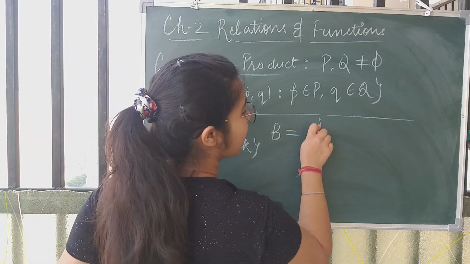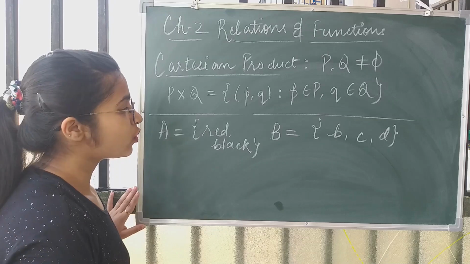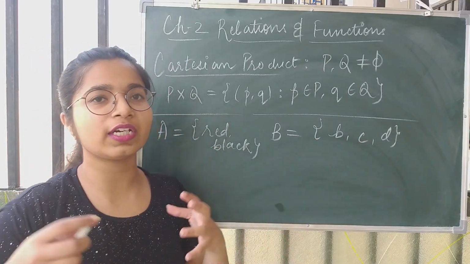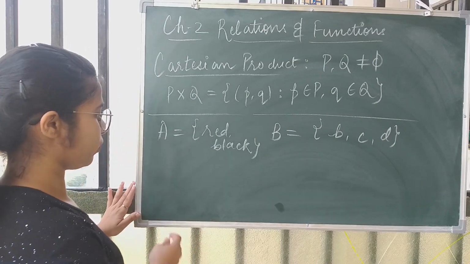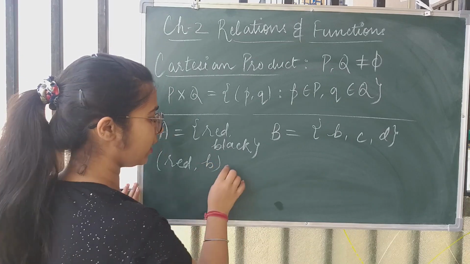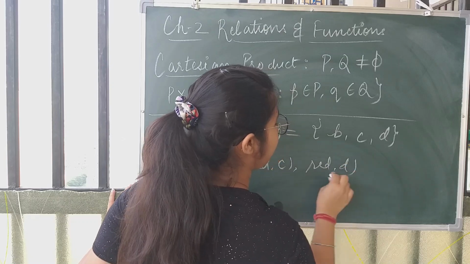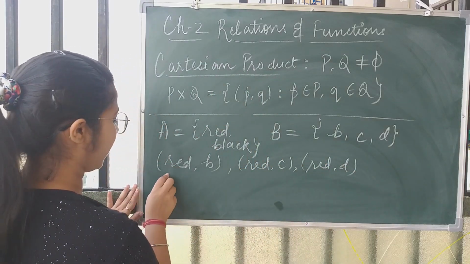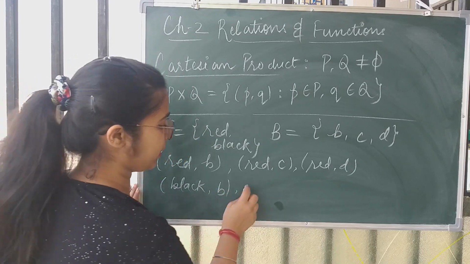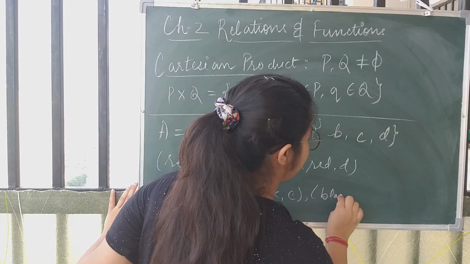And your set B has three objects, say B, C and D. If you are asked how many different colored objects you can make using these colors, what can they be? First you can use red, so you can have a red colored B, then a red colored C, and then a red colored D. Similarly, if you select black, you can paint all the objects in black. That means you have a black colored B, a black colored C, and a black colored D.